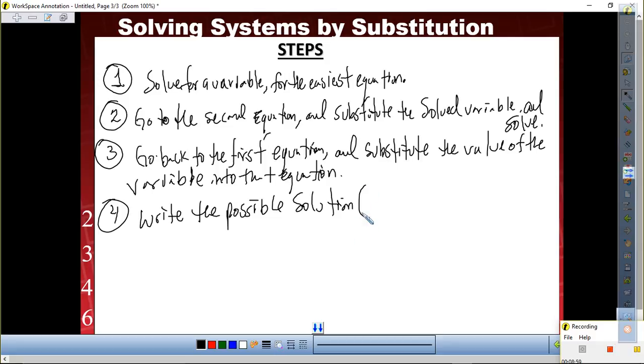X and Y values. And number 5. Dylan, go. Check. Check both equations.